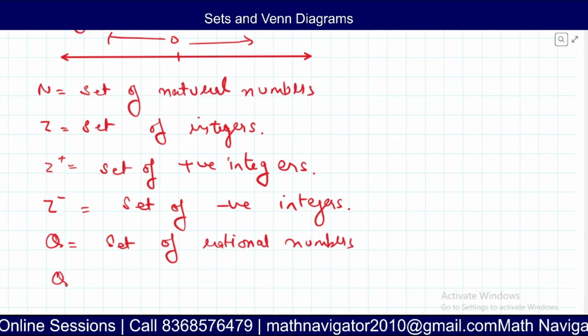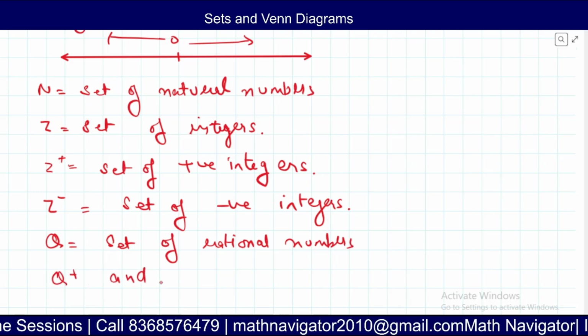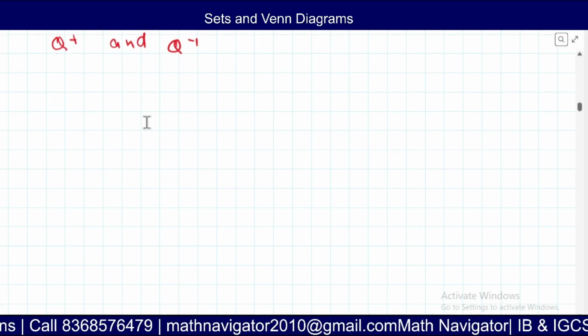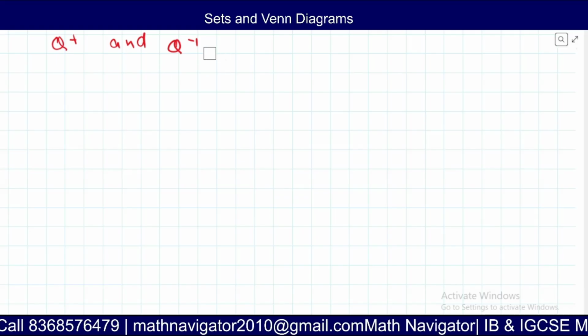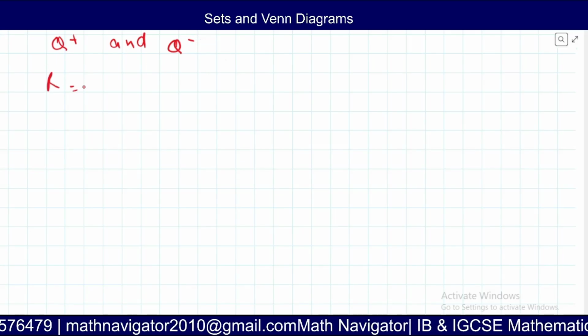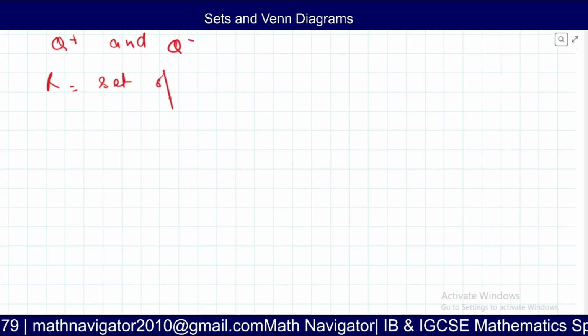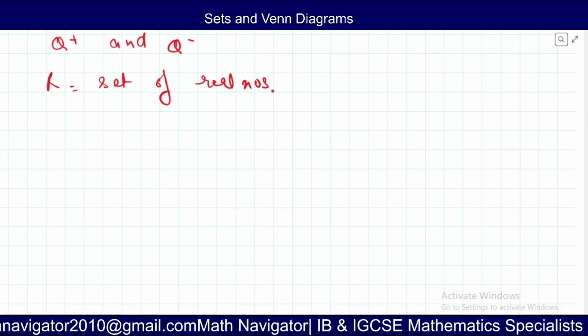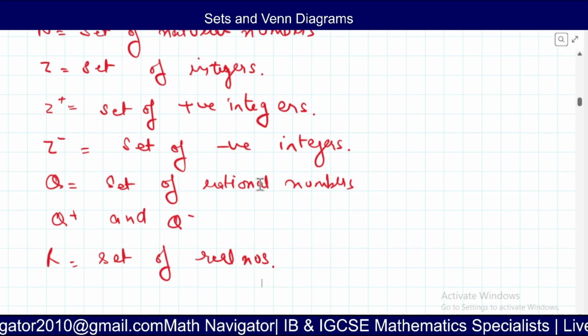Q plus and Q minus are the same as Z plus and Z minus. Then we talk about R. R is equal to the set of real numbers, right? I hope this is clear, right?